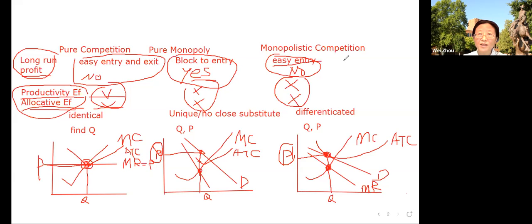If you're making women's dresses, let's say you are only one of 1,000 brands here, you cannot react to all 999 of how they do. Maybe one of them lowers the price, one of them does advertising, you cannot copy all the other people. So you make decisions based on your own cost and everything.